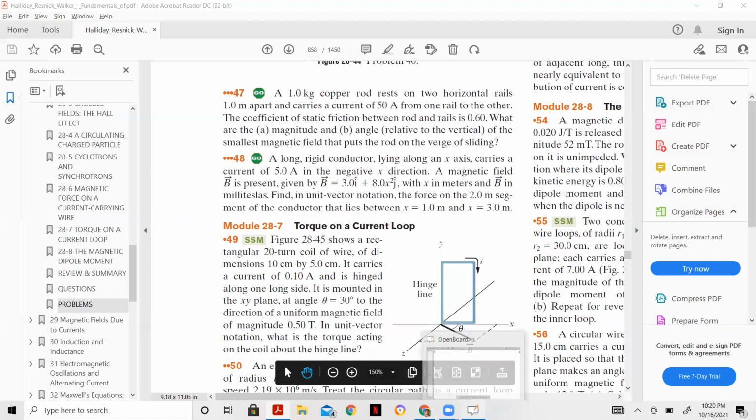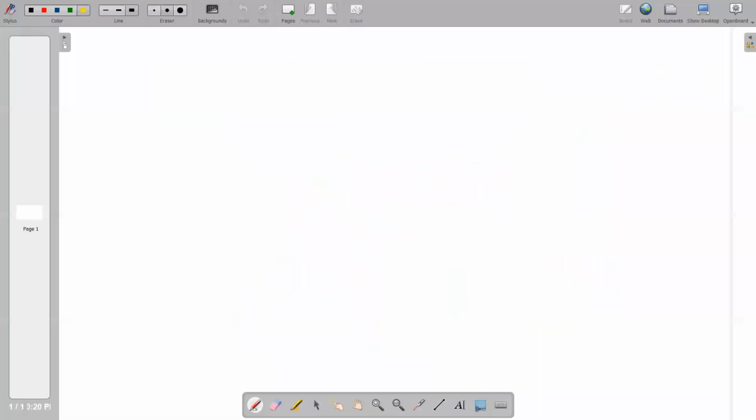So let's come to the solution. The torque is given by M cross vector B. Here M is the magnetic moment.